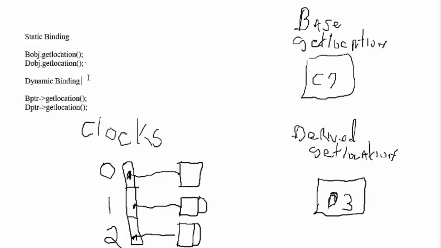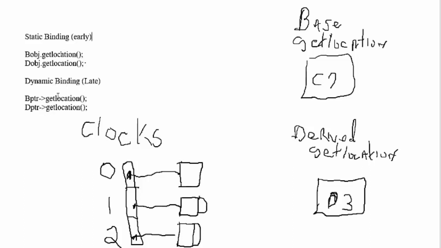Dynamic binding is also sometimes referred to as late binding, and static binding is sometimes referred to as early binding. Early binding because I'm binding it during compile time, and late binding because I'm binding it during the execution of the program.